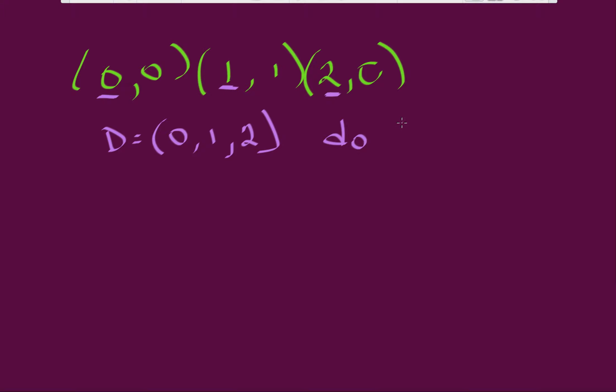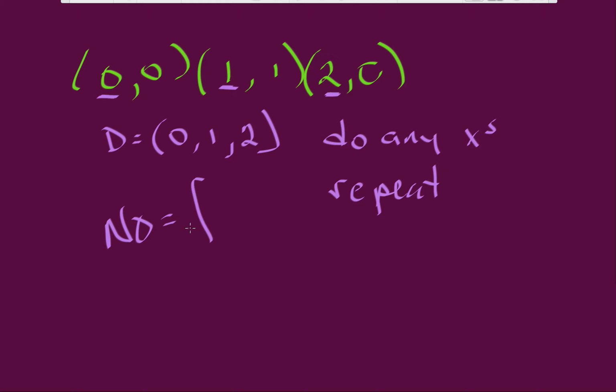Do any x's repeat? If the answer is no, then it's a function. If we had a repeated x, we would not have a function, but this represents a function.